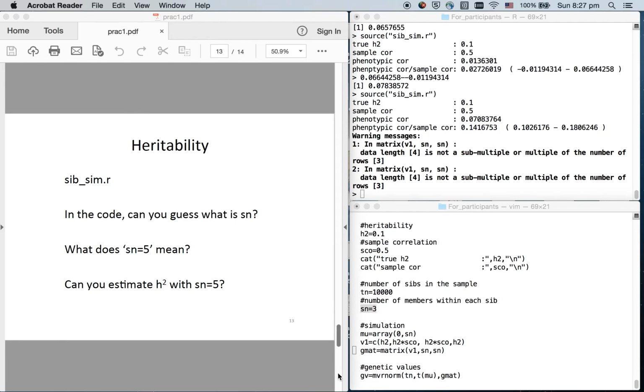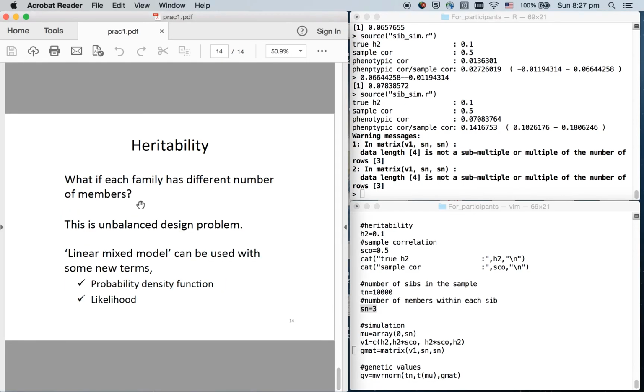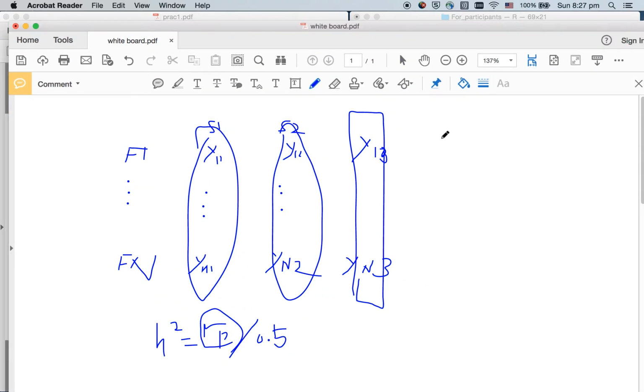In this case, each family has a different number of members, and in each family it is possible that some family has more, like 4 or 5 members within the family, but some family has only one record available, and the others are missing, something like this.